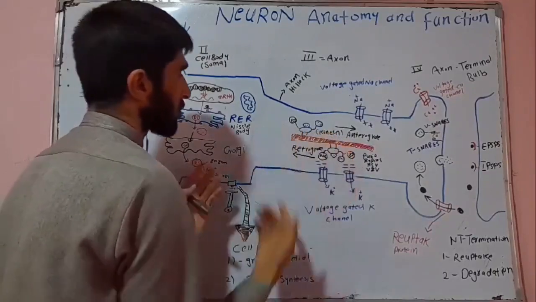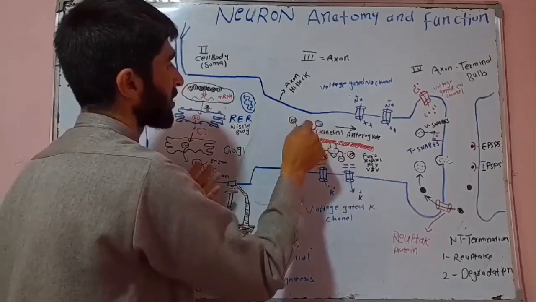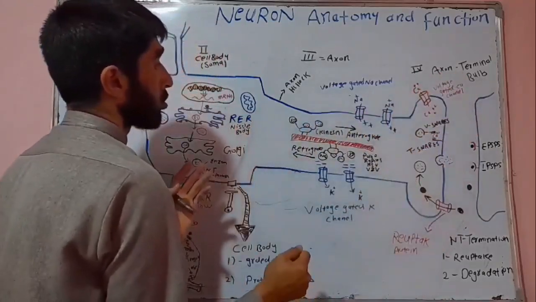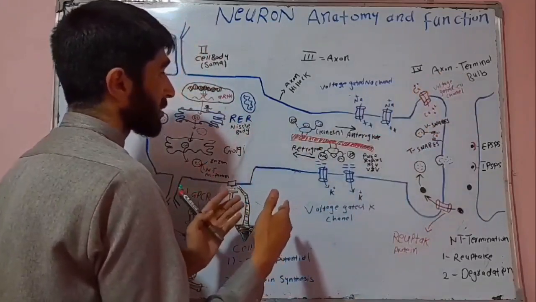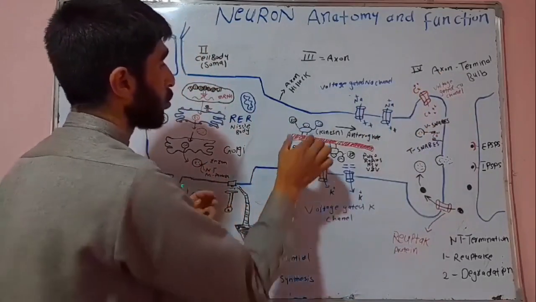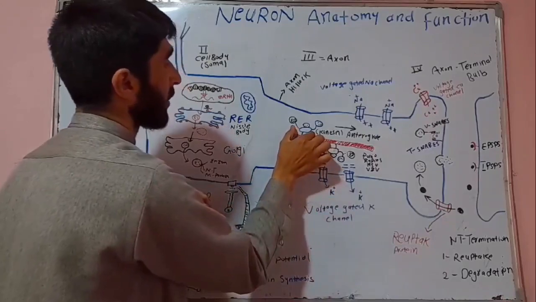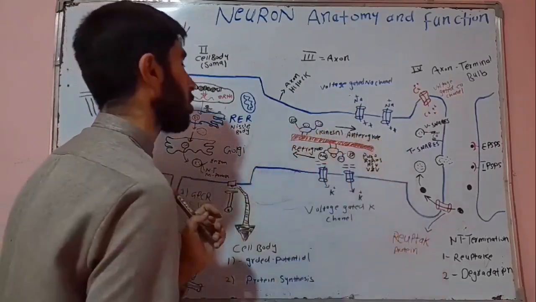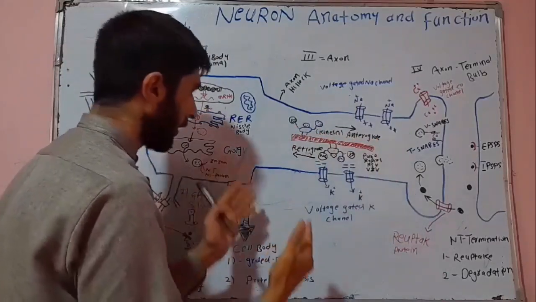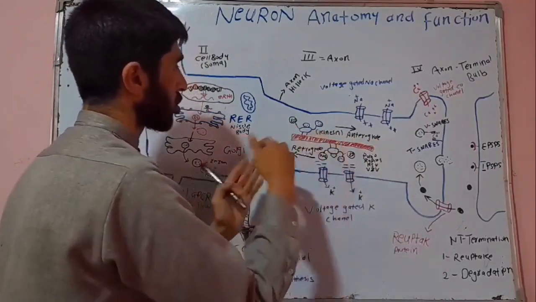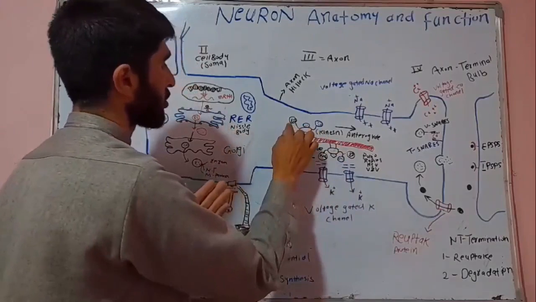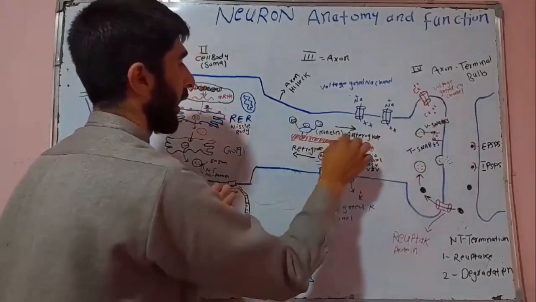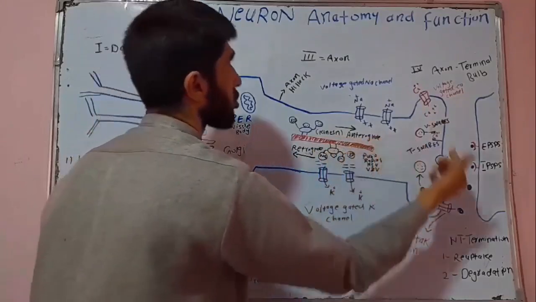Kinesin will transport membrane and vesicles towards the axon terminal bulb. In this state, we call it anterograde axonal transport. If kinesin transports the mitochondria and vesicles toward the axon terminal, we call it anterograde axonal transport.